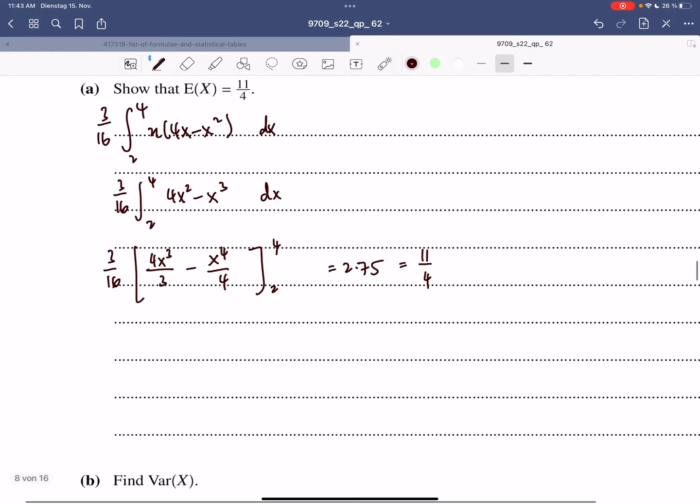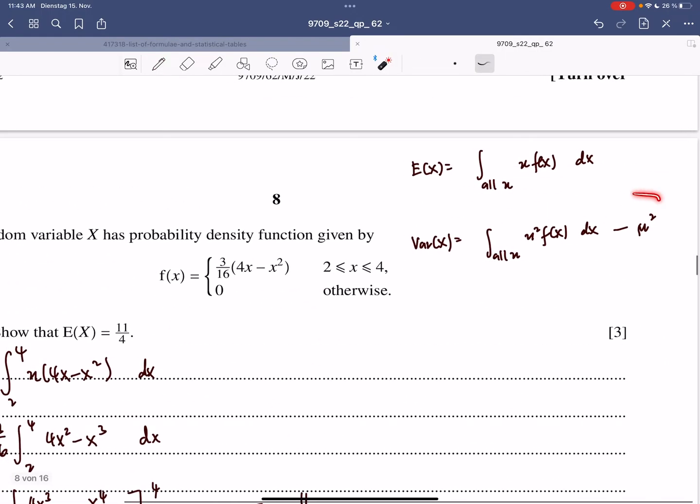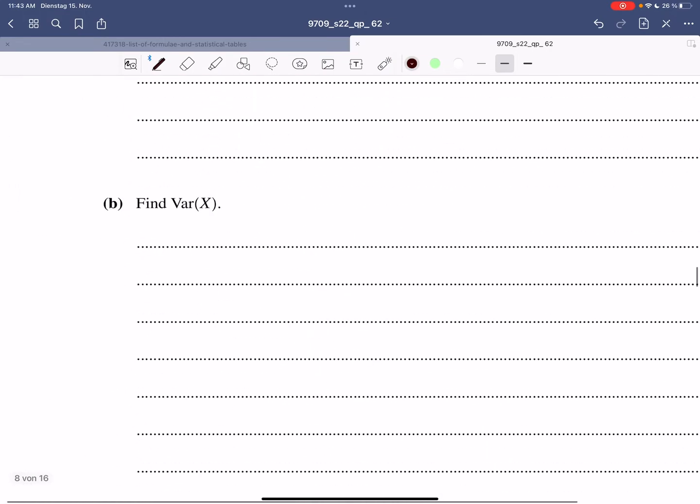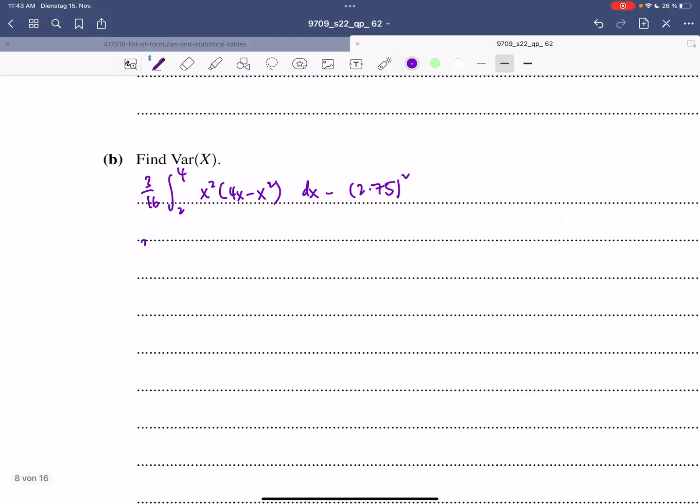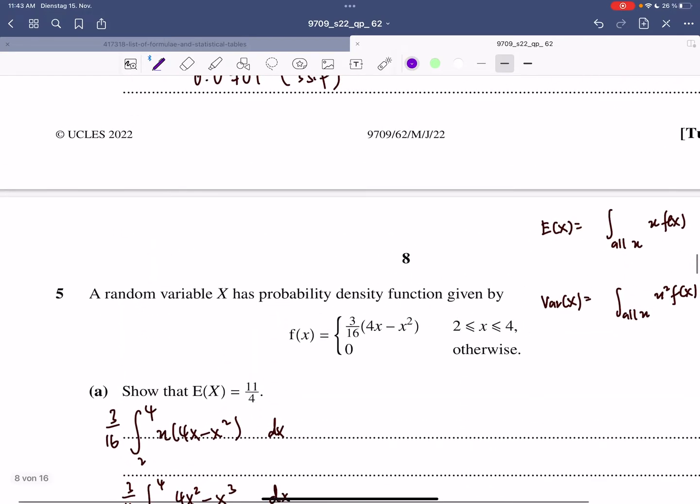So question B, find variance x. So use this formula I wrote just now. Now bring the constant to the front. And the mu just now was 2.75 squared. So let's expand it just like this. Now 4x cubed minus x to the power 4 dx. Don't forget the dx. In this case it is dx because the domain is given in terms of x, right?